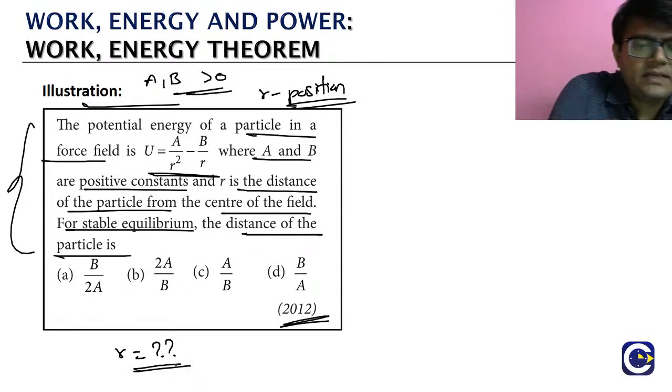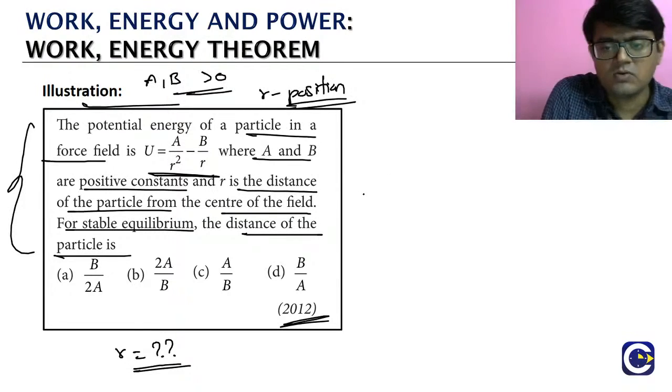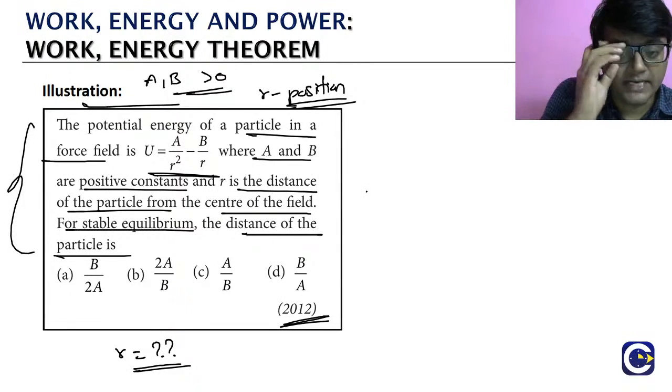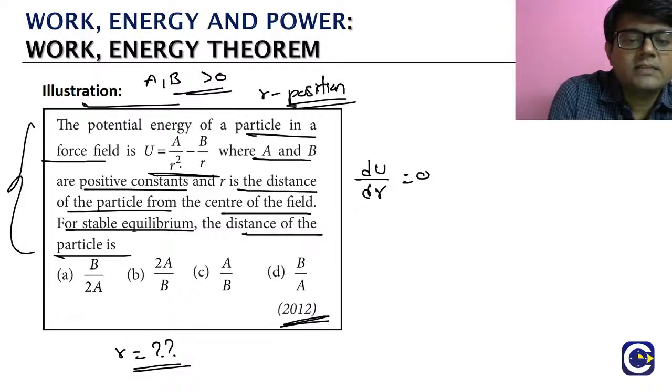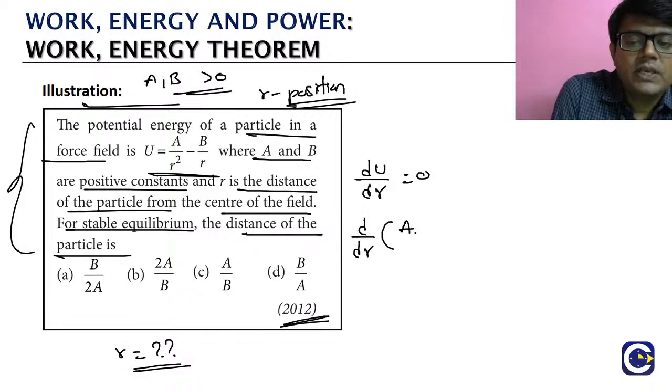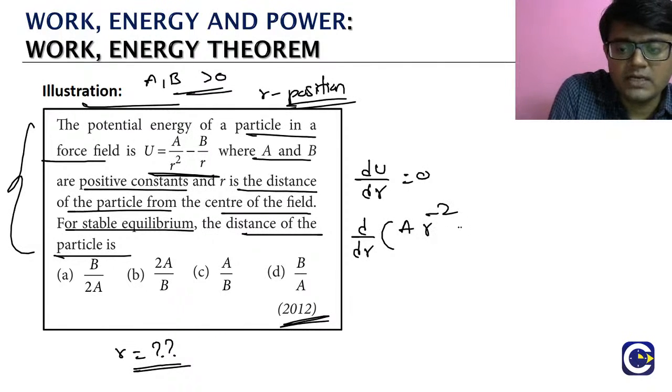So first thing, whether it is a stable equilibrium, unstable equilibrium or neutral equilibrium, the first thing is the derivative of this function with respect to the variable. What is the variable here? Position R. That derivative must become 0. That is the condition. Okay, look, what is the derivative of this function? A by R square we can write as A into R power minus 2, and B into R power minus 1.